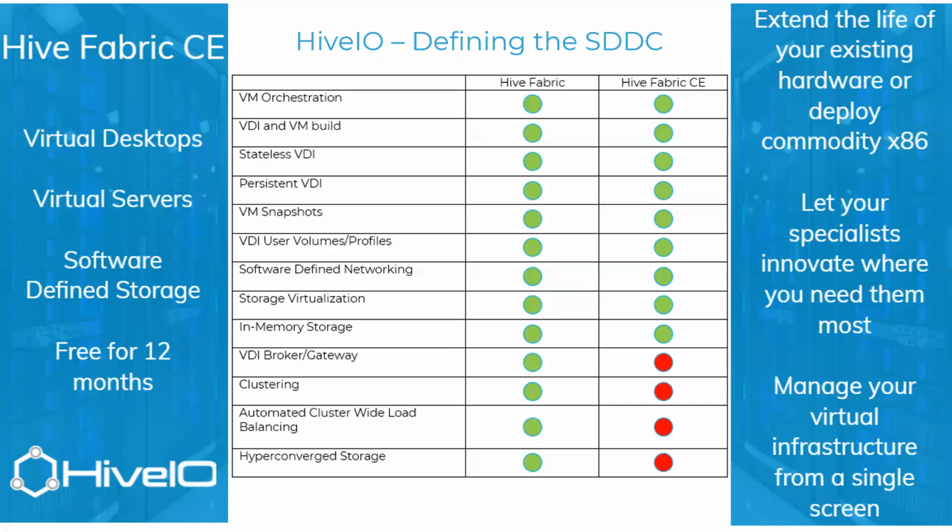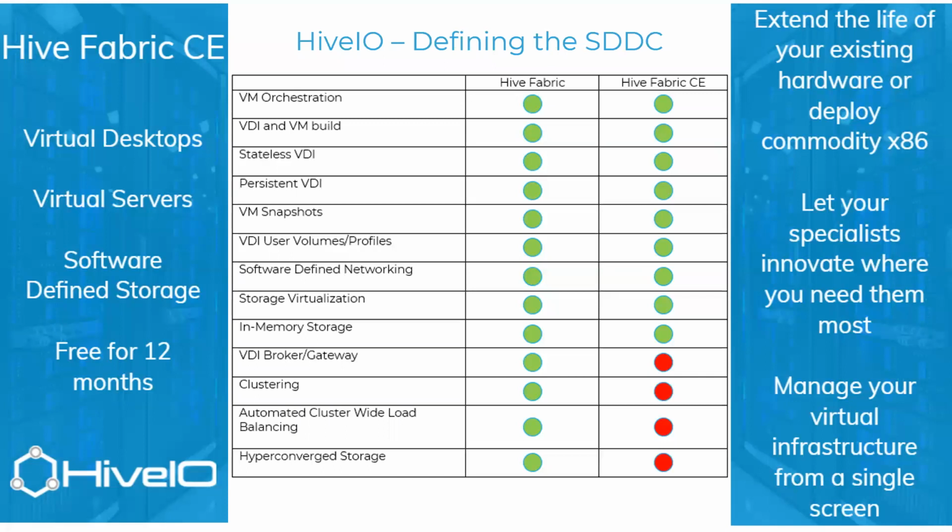All of that is included in CE. Where you find that we've limited CE is in those features that are typically associated with production deployments. So the ability to cluster, the ability to build out hyper-converged storage, clustering, automatic cluster load balancing, and then VDI brokering and gateway services.